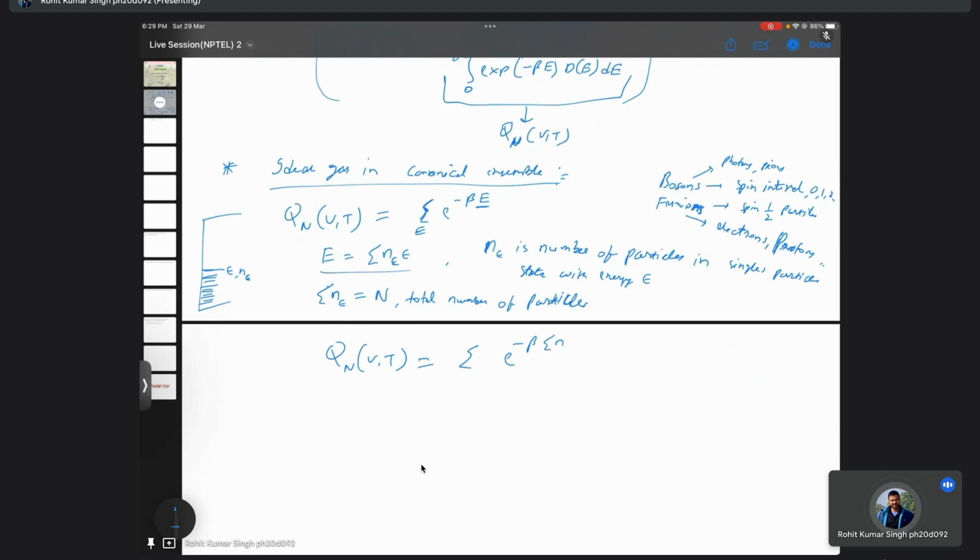So I'm writing, in place of total energy E, the sum over all the single particle states, and we can introduce a factor called G, which depends on the number of occupants.